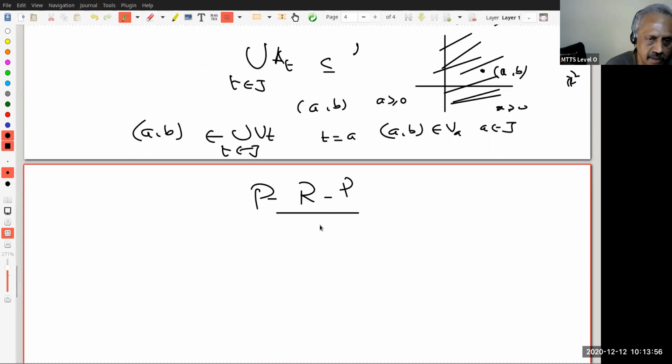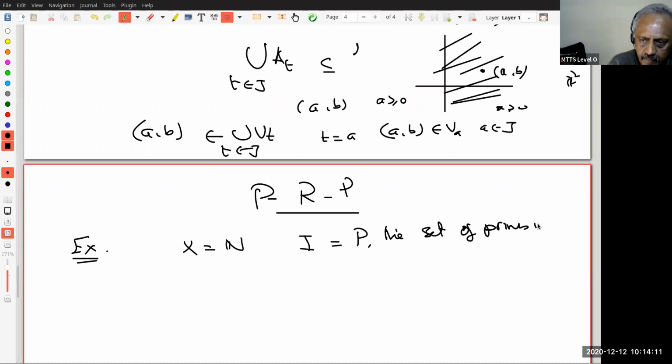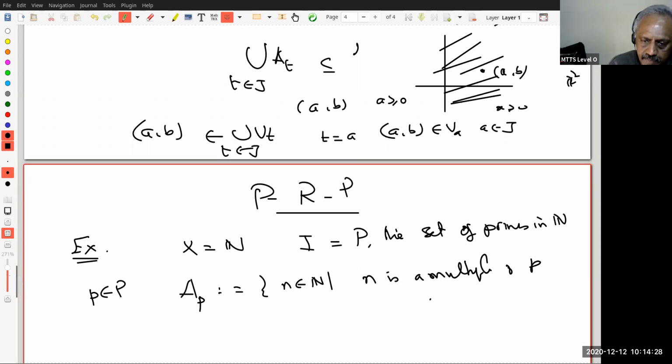Let us look at one slightly non-trivial example. This is a geometric example. Now let X equal N and my indexing set equal P, the set of primes in N. Now let me define, for each p in P, A_p equals the natural numbers n so that n is a multiple of p, or p divides n.